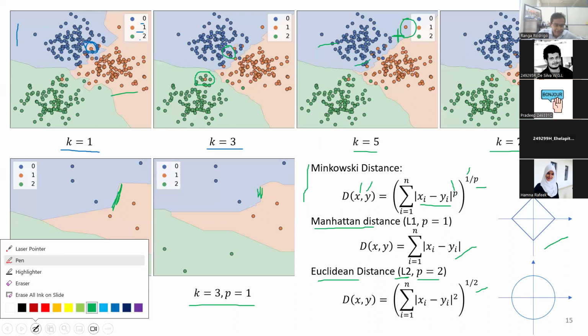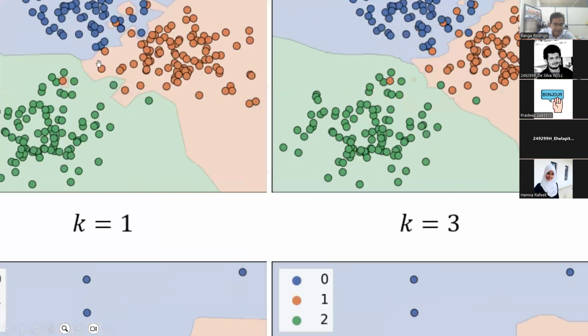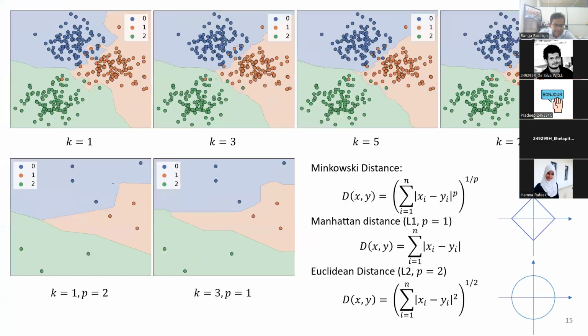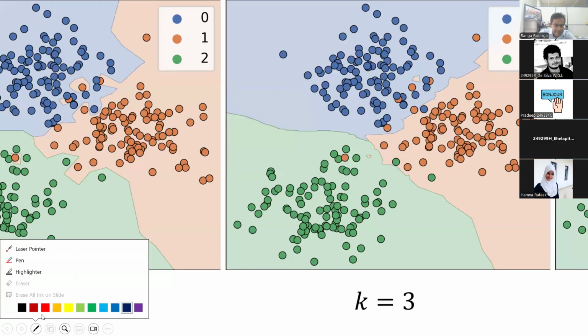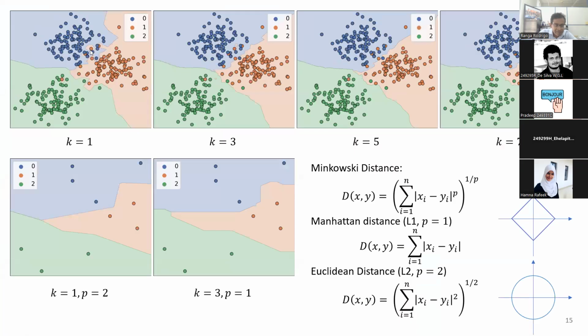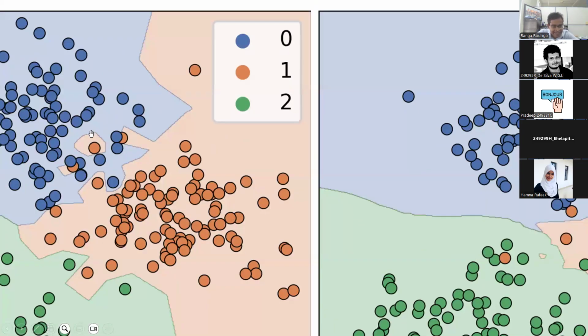Now, in this one, I can use a pen. If the test example falls right here, you can see the little hand-like thing, right there you will call it orange.